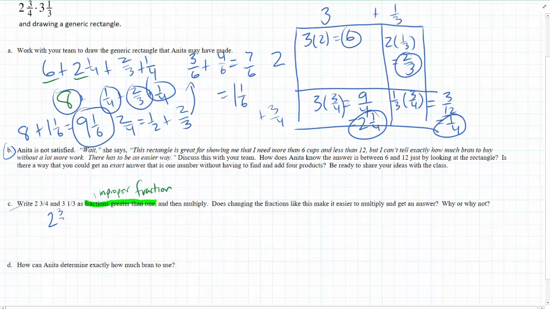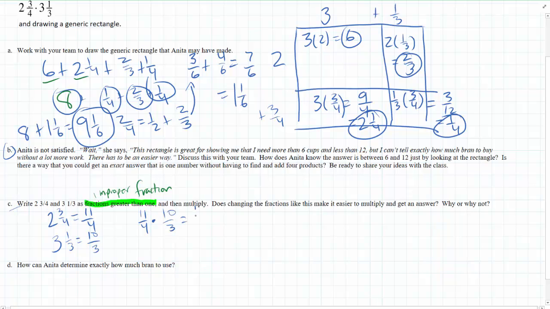So 2 3/4 as an improper fraction: there's 2 wholes, each of the wholes has 4 pieces, so there's 8 pieces in the wholes alone, plus 3 more, which is 11/4. And then 3 1/3: there's 3 wholes, each whole has 3 pieces, so 3 plus 3 plus 3 is 9, and 1 more piece makes 10 pieces, and they're all thirds. So we're going to have 11/4 times 10/3.